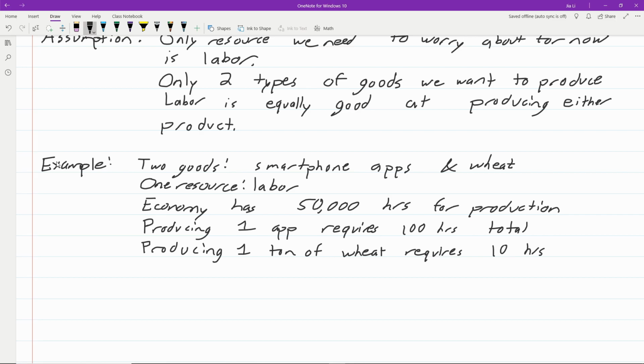Don't worry too much about these specific numbers. I highly doubt that these numbers are realistic in any type of way. I just wanted to pick two different numbers to make the math work out in the way that I want to. So, again, I just made these numbers up. They don't necessarily have to be realistic for our example here.